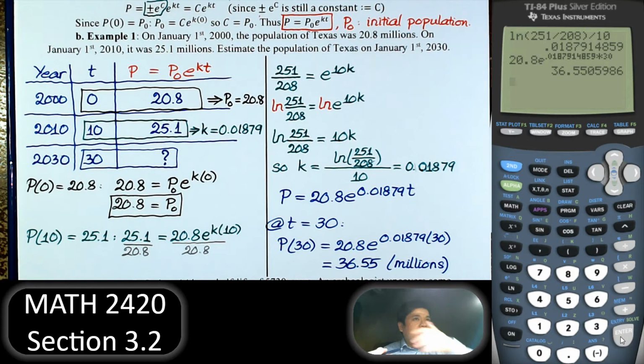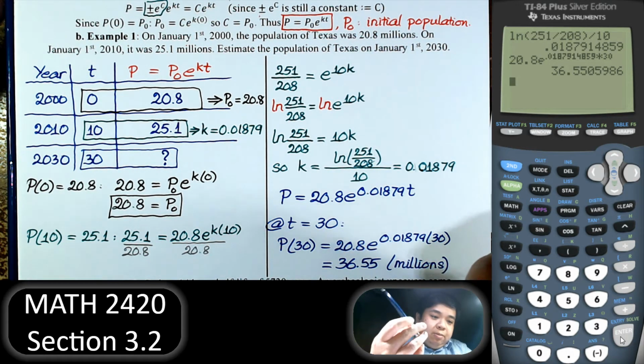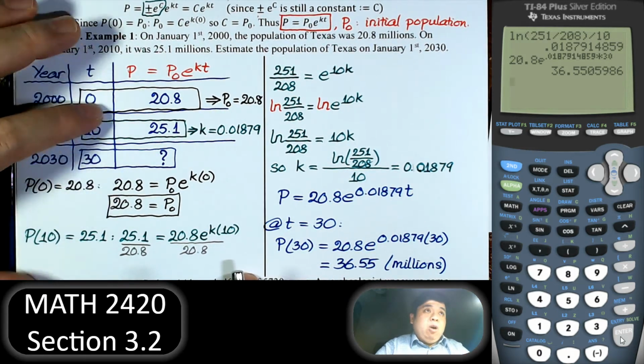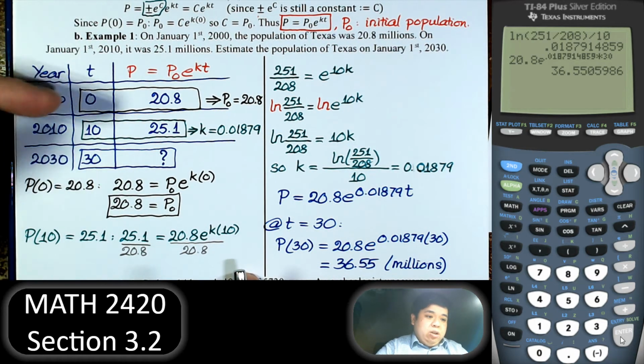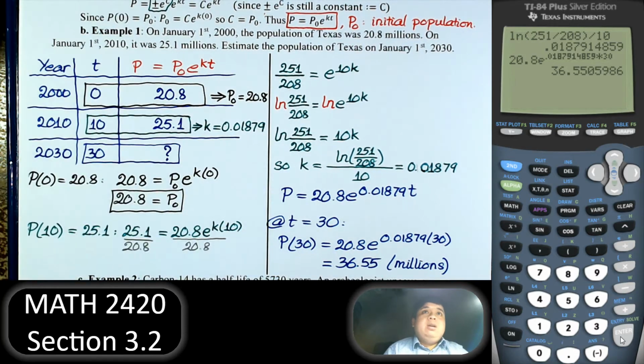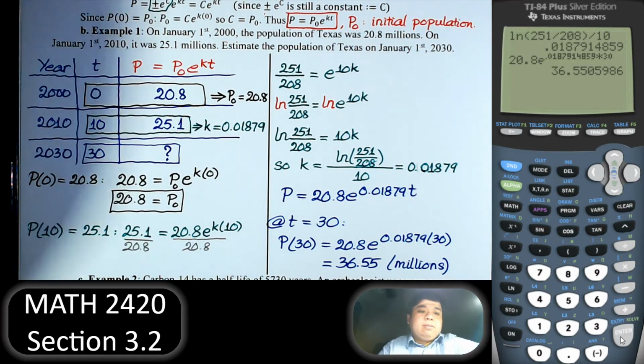So that's pretty much a standard population problem with exponential growth. In that model, we summarize the information like this, and then we just substitute each set of data into the problem and find the missing information, right? So that's pretty standard there.